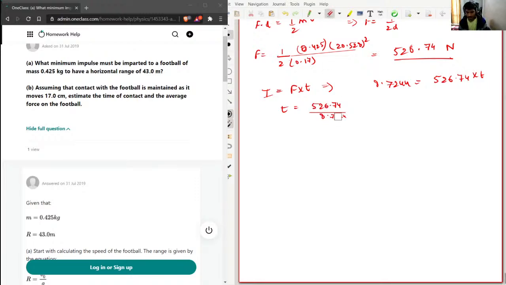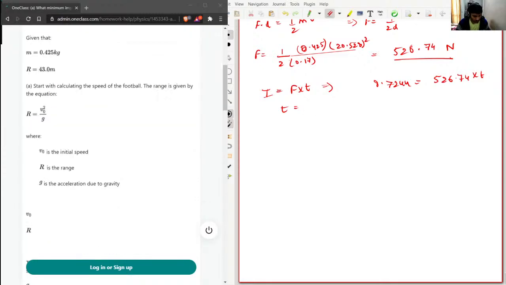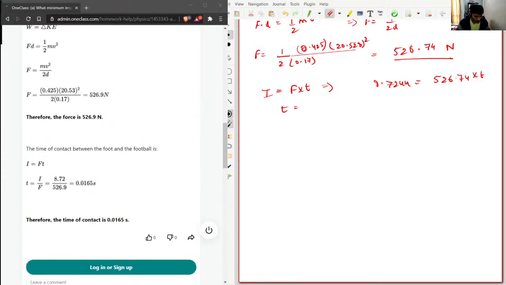I wrote it in the opposite way. Let me just cross check this. Yeah, so I actually wrote it in the opposite way. So this will be 8.7244 over 526.74.